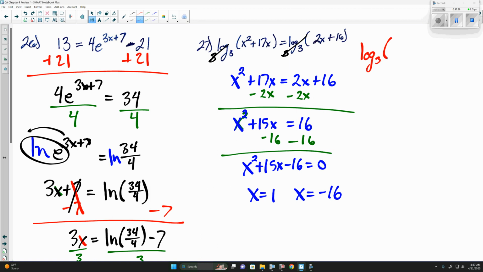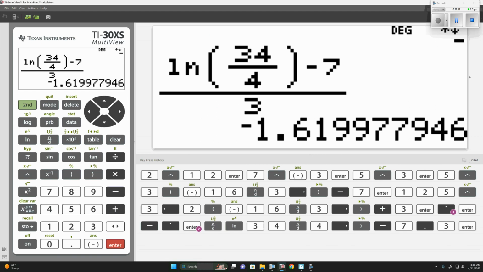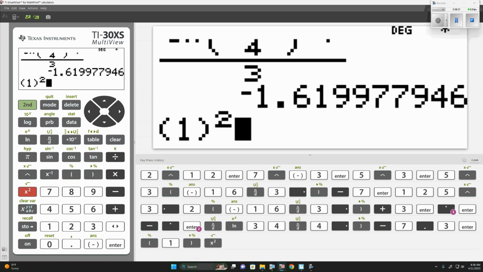Log base 3 of, so we can do 1 first. 1 squared plus 17 times 1 is equal to log base 3 of 2 times 1 plus 16. Now we could type this into the calculator. You don't have to type the whole thing in. I would just type what's inside the parentheses. So 1 squared plus 17 times 1.